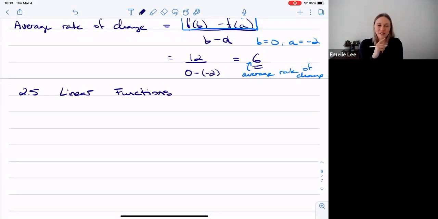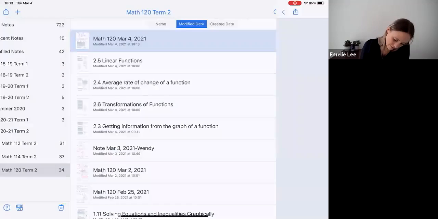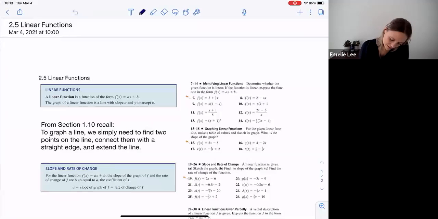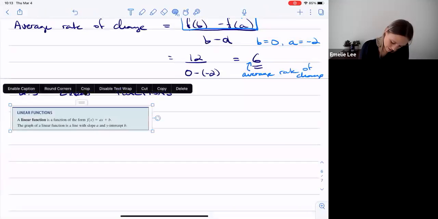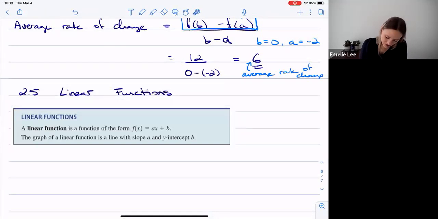A linear function, so now we've talked about linear equations when y equals mx plus b, for example, but linear functions have the form using f of x. So linear functions have the form f of x equals ax plus b, but of course, the slope is a and the y-intercept is b. It depends on what field you go into.